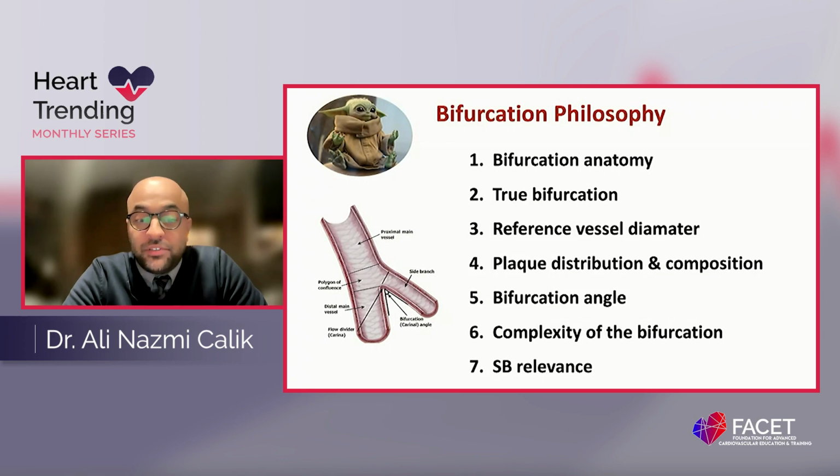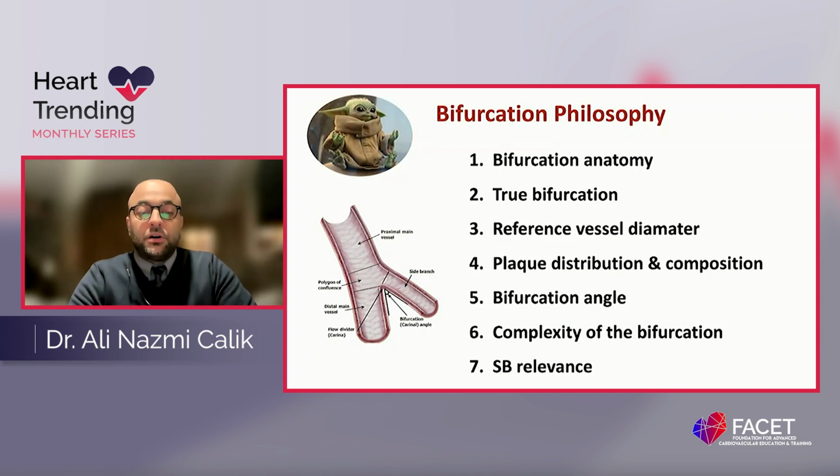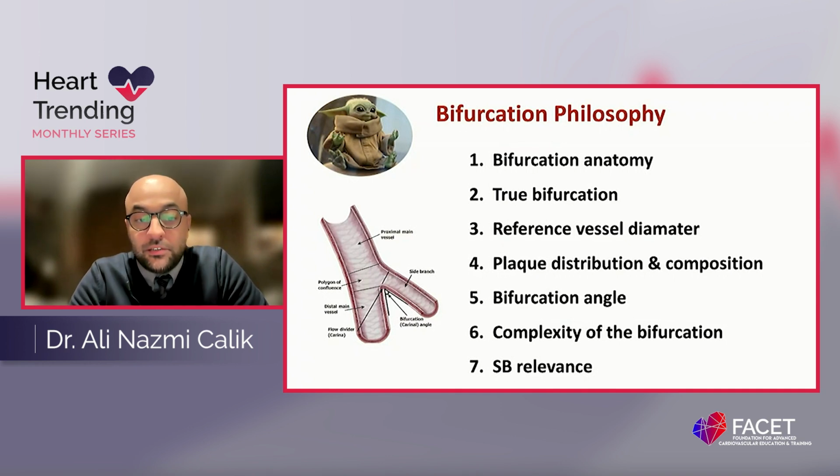And then we have to understand whether this is a complex bifurcation or not, because this is going to affect our strategy. And then one of the major topics that I'm going to discuss is the side branch relevance. Is that side branch relevant or not? Probably this will lead to some changes in our strategy while approaching a bifurcation lesion.